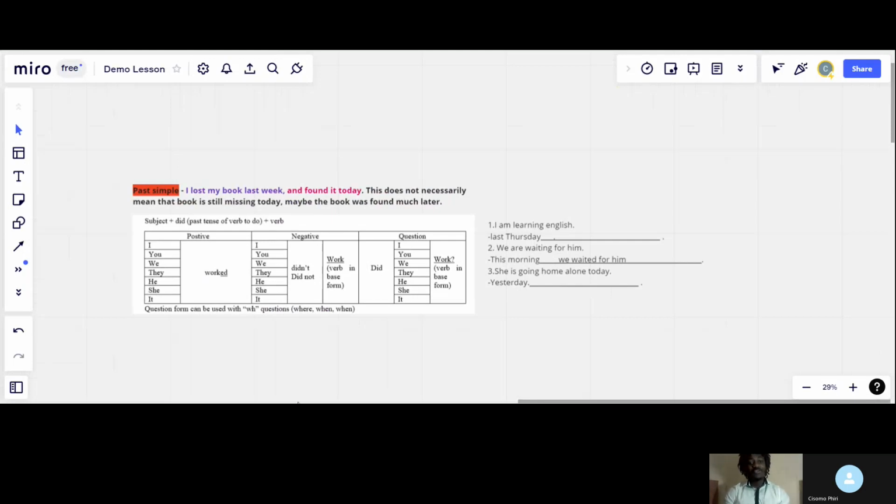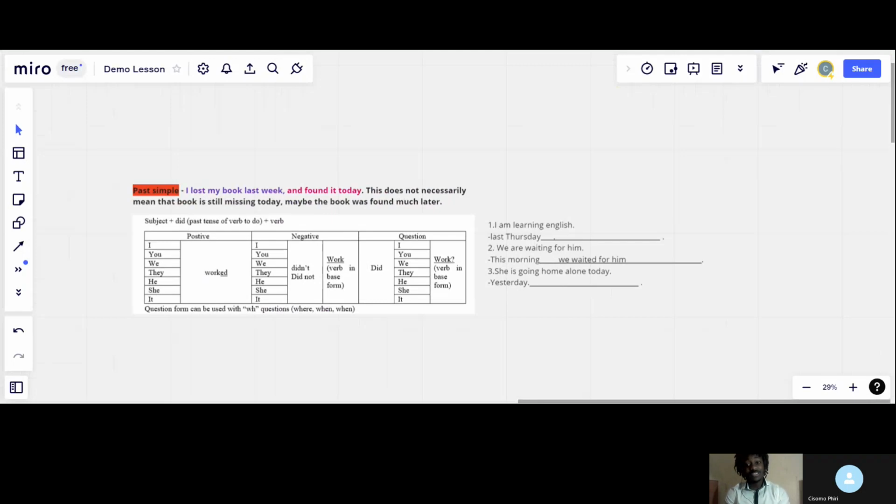So, how do you construct a sentence in past simple? Here's an example. For a positive sentence, you simply have the subject and the verb in past simple. I worked, she worked, it worked, all of them, you just use the subject plus the verb in past simple. For a negative sentence, however, you use didn't. So it's a combination of did and not. So I didn't work. The verb in this case changes.